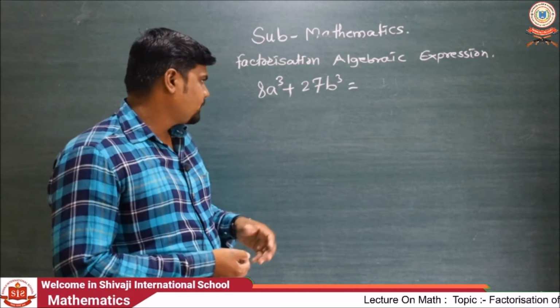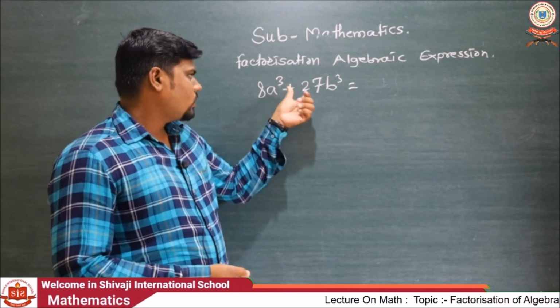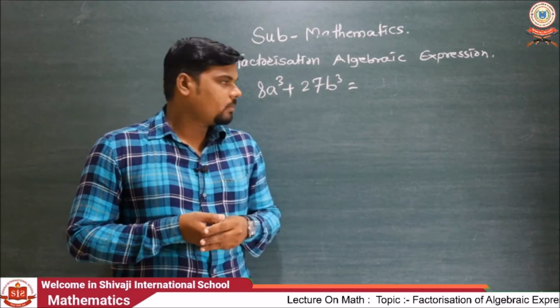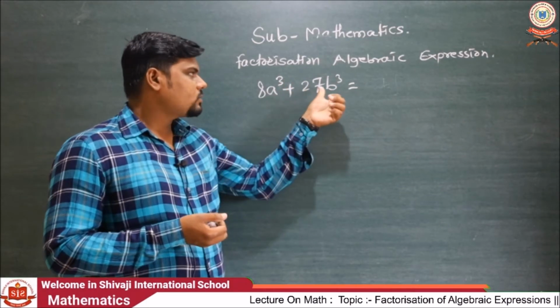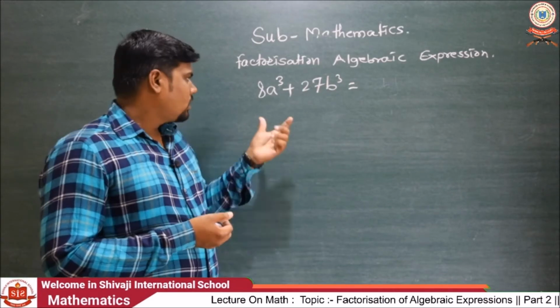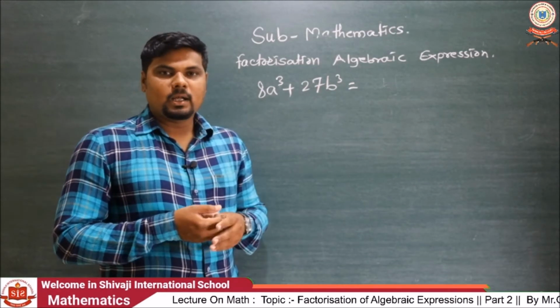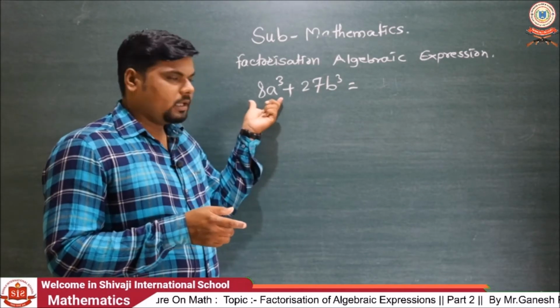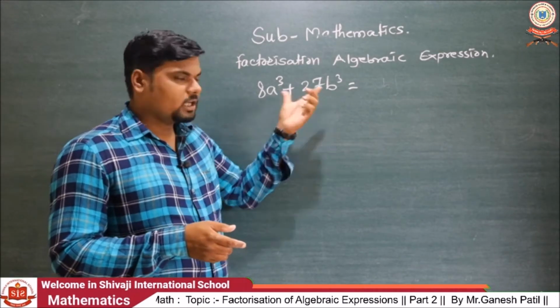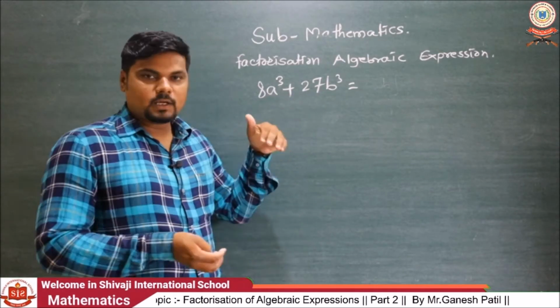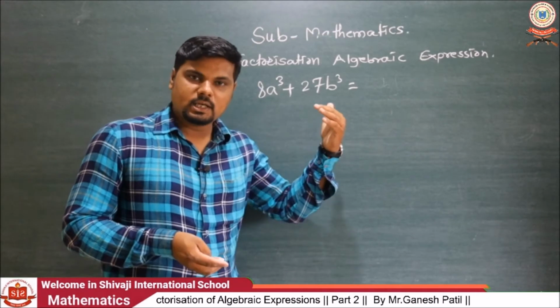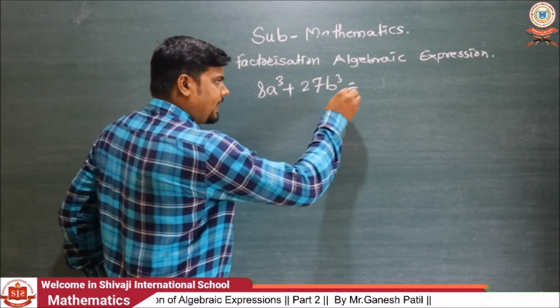Okay, see here: 8a³ + 27b³. Here we can't find the perfect value of a by the formula. So we convert the given example into proper values of a and b.